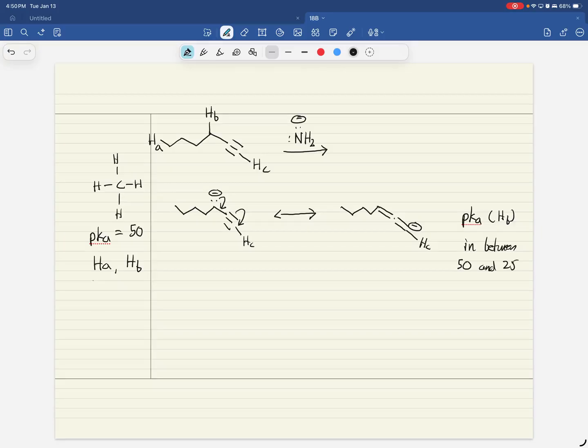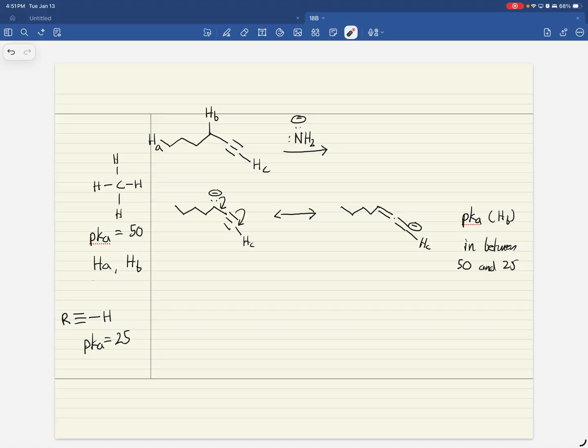The most acidic one is the alkyne hydrogen right here. Say this is an R group right there. So this pKa is roughly 25. So this one is the most acidic, and that's going to be preferentially deprotonated, okay?